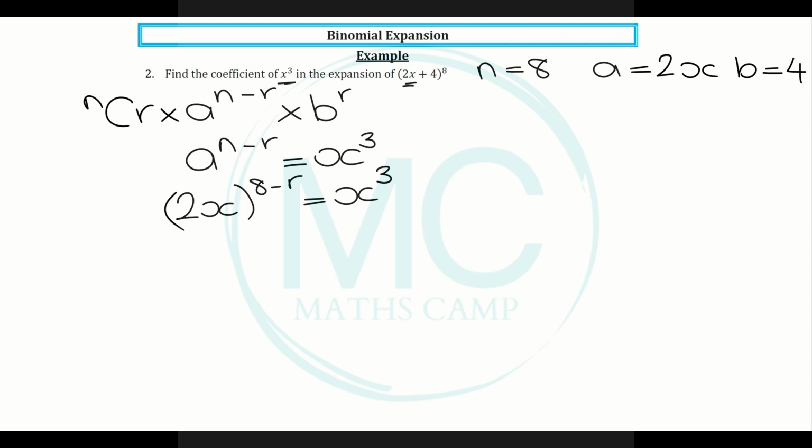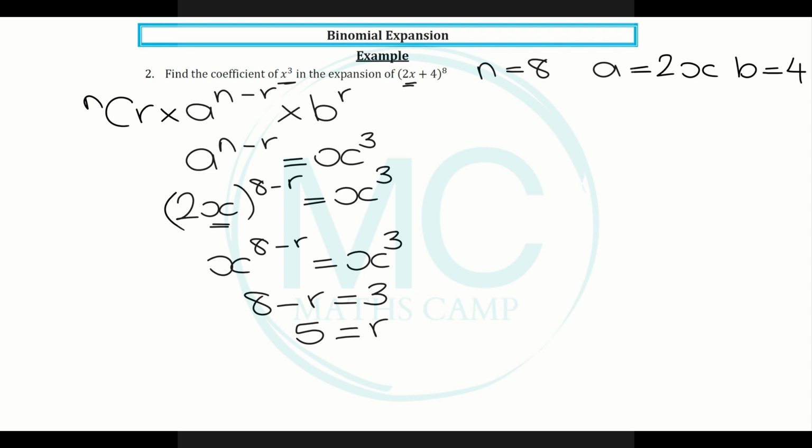When you have an exponent outside of a bracket, it affects every variable inside. So in this case, 8 minus r affects 2, and it affects x. But to find the value of r, we only need to look at the x term. So I can write this as x with an exponent of 8 minus r is equal to x cubed. This means that 8 minus r is equal to 3, and we can see that 5 is equal to r.